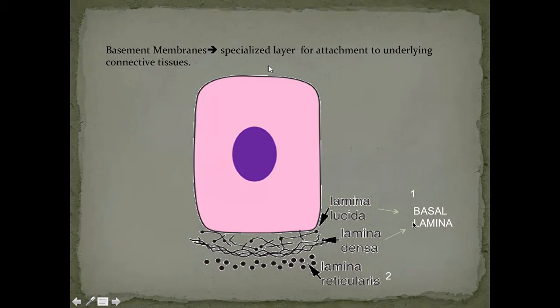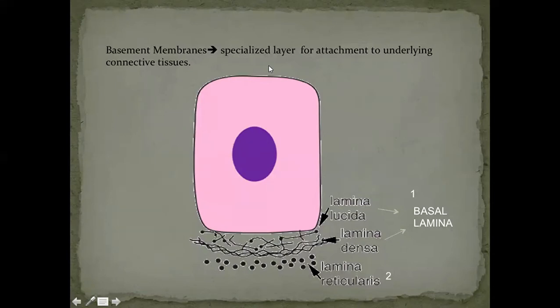Actually two, no? The basal lamina and the lamina reticularis. The basal lamina is divided into two, the lamina lucida and the lamina densa, and the second layer is the lamina reticularis. But take note, this can only be seen under an electron microscope.